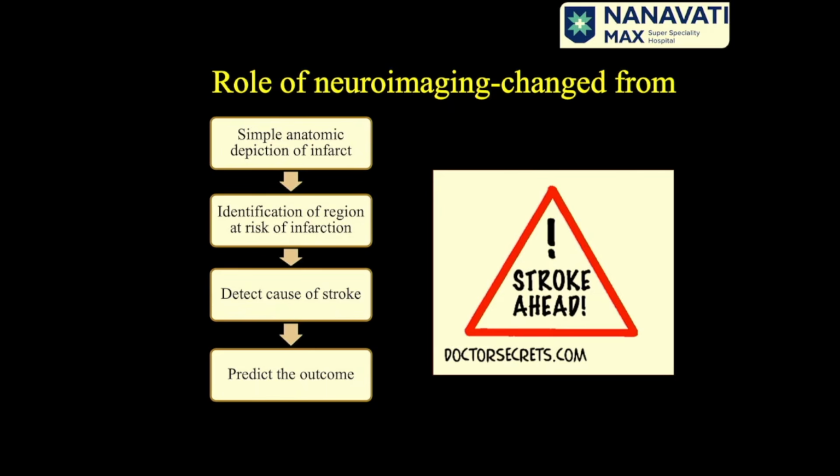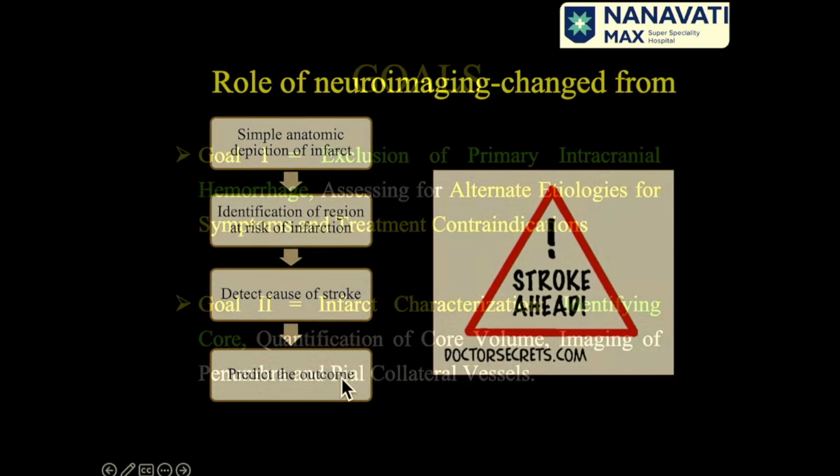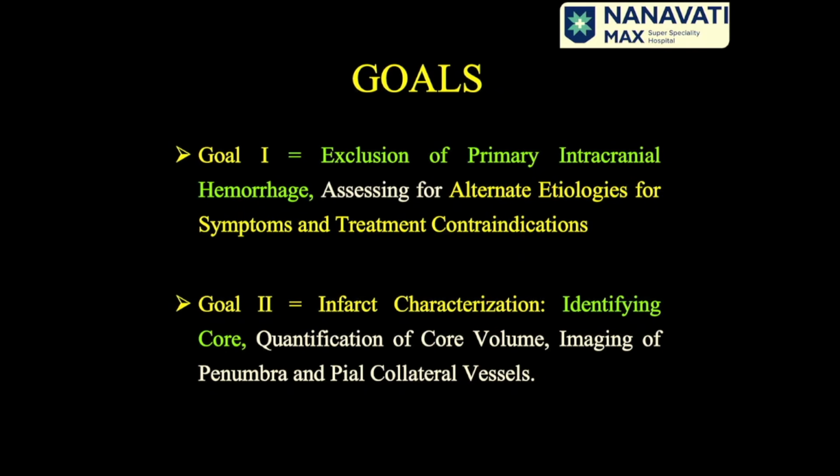So the role of neuroimaging has now completely changed from pure simple anatomic depiction of infarct to identification of region at risk of infarction, detecting the cause of stroke in the given time that you have, about 10 minutes on MR and a few seconds on CT, and predicting the outcome as well if it is possible. Goals of imaging in patients suffering from stroke are 2.